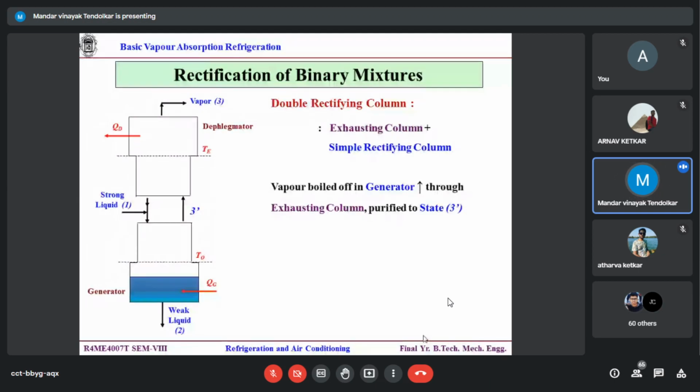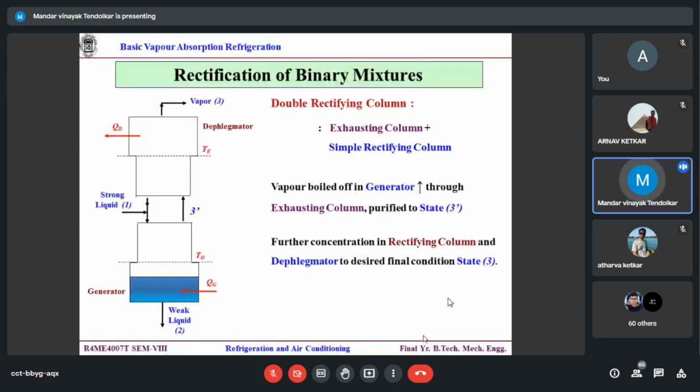I will get the benefit: more purity, because a certain part is already getting separated over here. So further part is an added advantage. Further concentration happens in our regular upper rectifying column. So the exhausting column increases the purity up to a certain level, and the rectifying column does the remaining part.